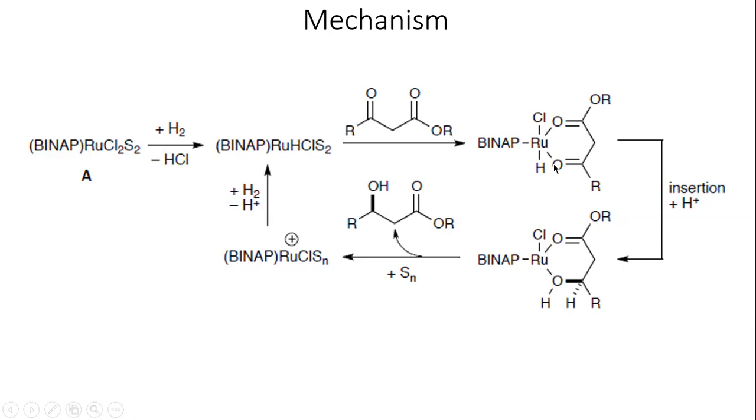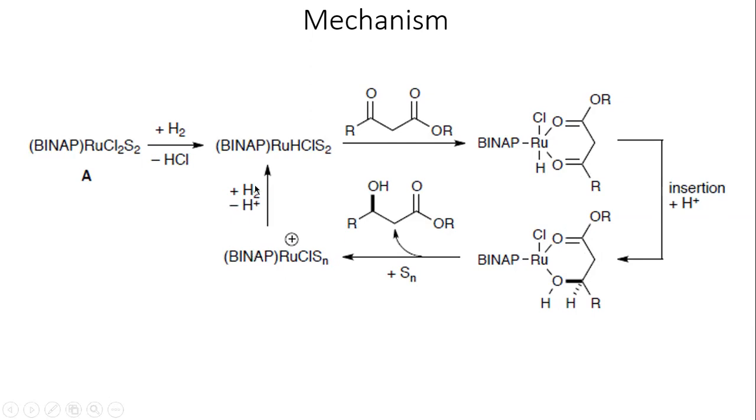Plus H+, which is going to protonate your alcohol, right? In this case, it's not necessary to do a reductive elimination. The solvent can simply displace the beta hydroxy carbonyl compound, right? The solvent can simply just displace it.